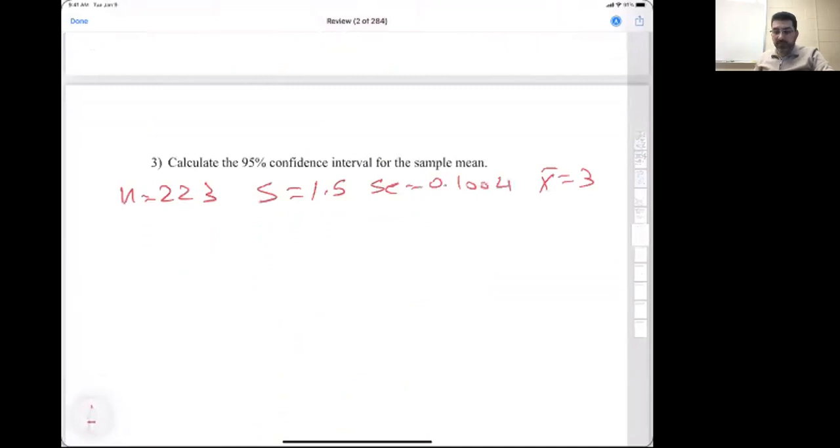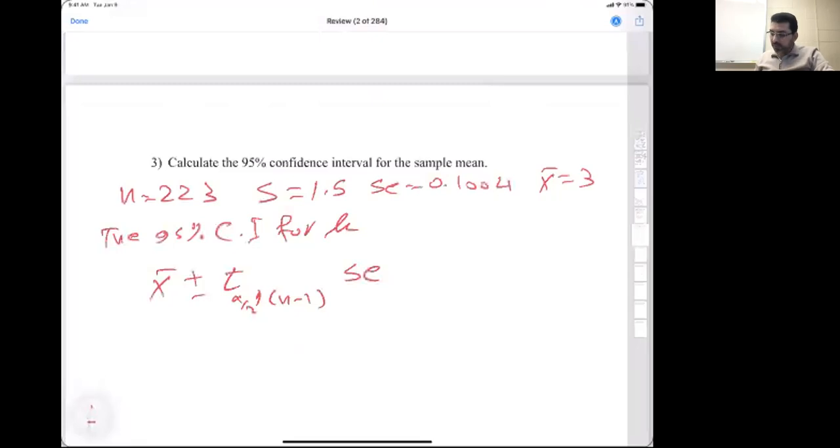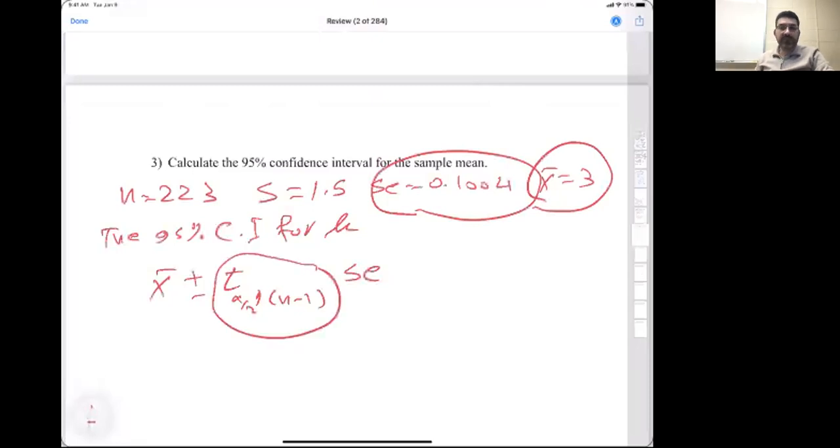So we can apply the 95% confidence interval for mu, the population mean: x bar plus or minus t alpha over 2, n minus 1, times the standard error. Do we have x bar? Yes. Do we have the standard error? Yes, but we don't have the t-score, this value.